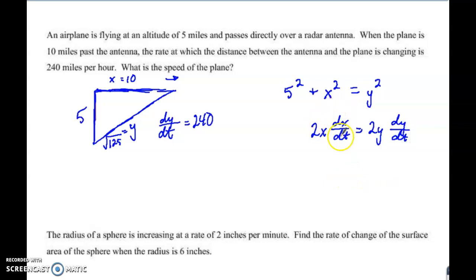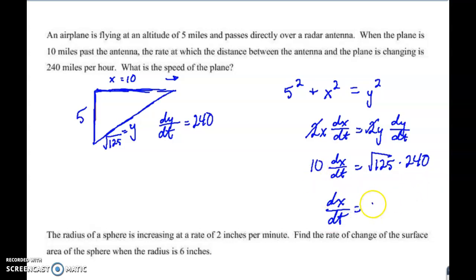So as I pointed out, first of all, let's divide everything by 2. Get rid of that. We know that x is 10. We don't know dx dt, but we do know that y would be the square root of 125 times 240. And you could simplify that, by the way, but I would probably just leave it the way I have it.